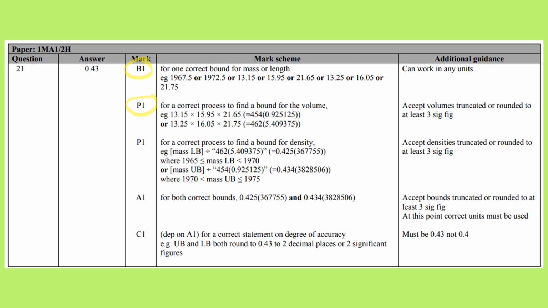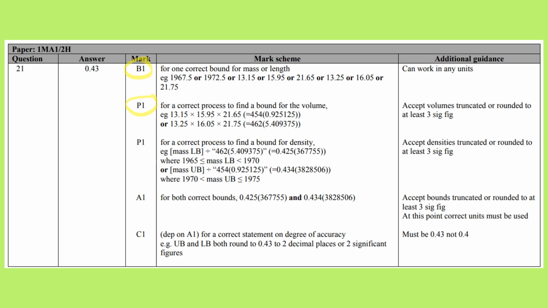So if you found the lower bound correctly, that could either be shown by showing that you've multiplied these 3 numbers together and got the answer, or by the upper bound calculation and answer. It does say we can accept volumes truncated or rounded to at least 3 significant figures. Ideally, though, you don't want to lose the accuracy, so I wouldn't do so at this point.